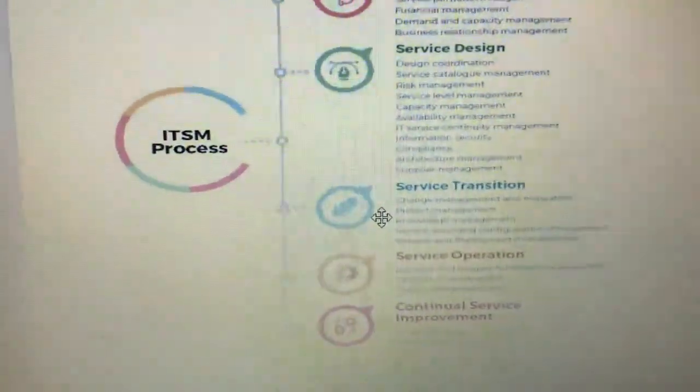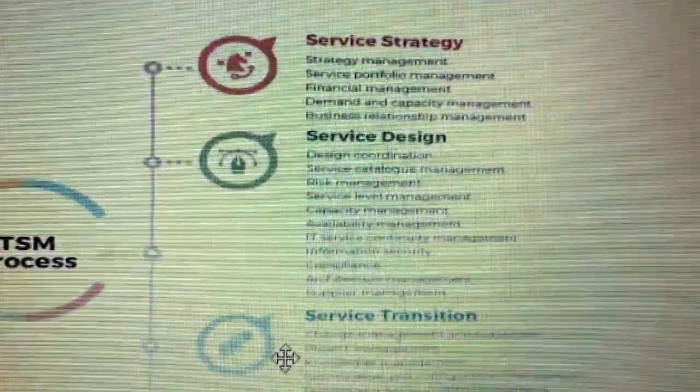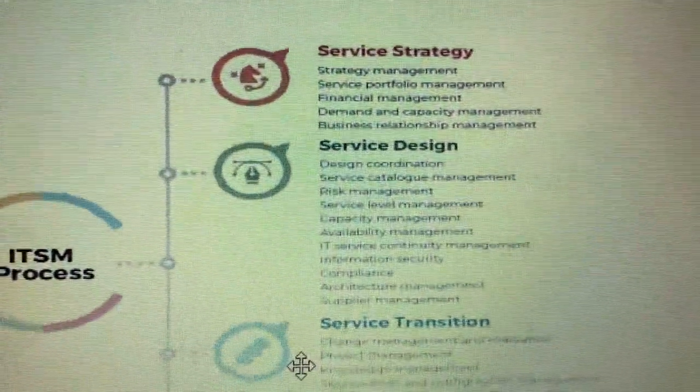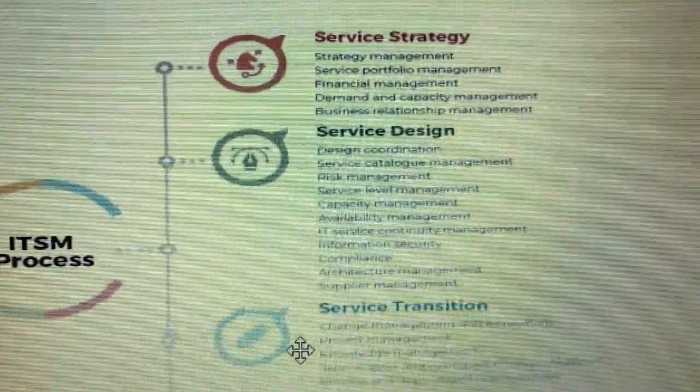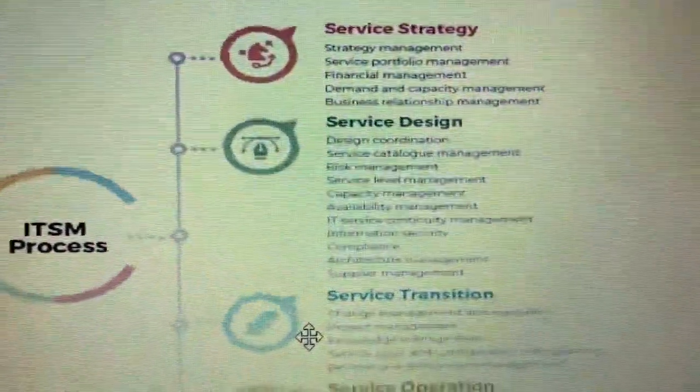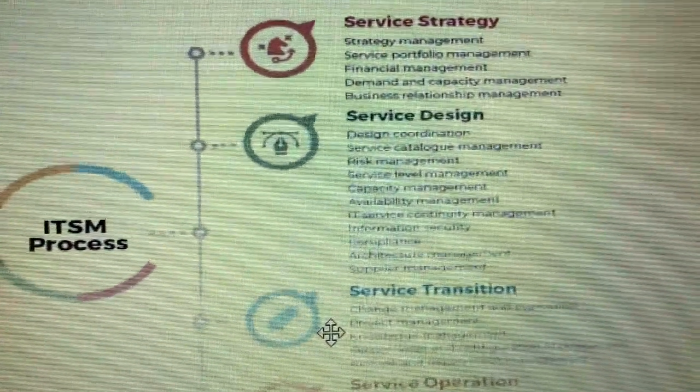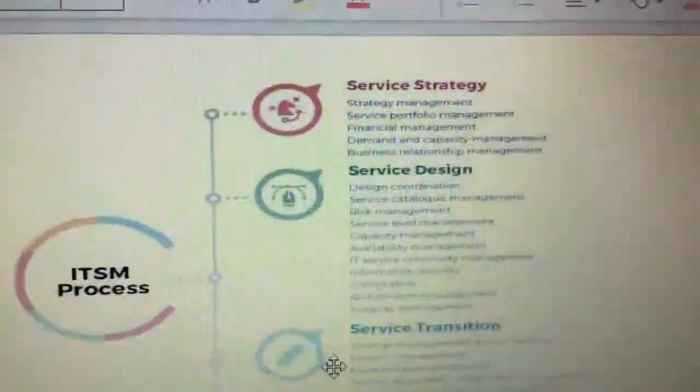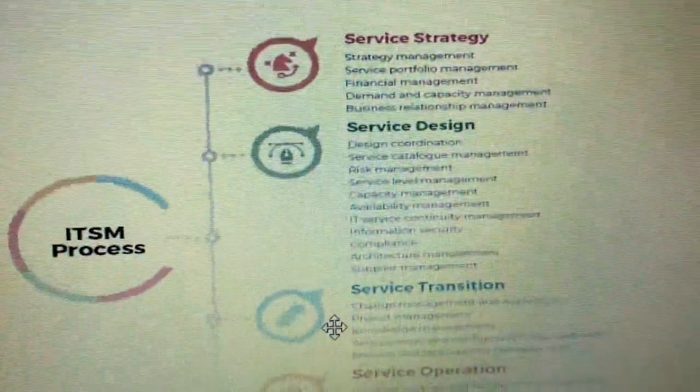It has 5 further processes, as you can see here: strategy management, service portfolio management, financial management, demand and capacity management, and business relationship management. So I'm going to go through all of the processes.